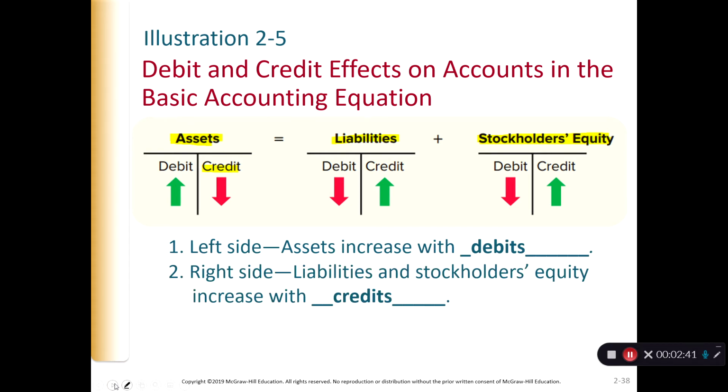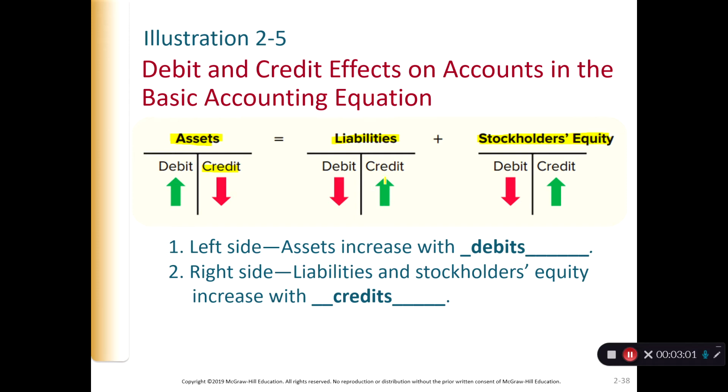So on the left-hand side, for an asset increase, we use debit, right? The green arrow means increase. So we use the debit side to record asset increases. And on the opposite, right-hand side, liability and stockholder equity increase with credit.